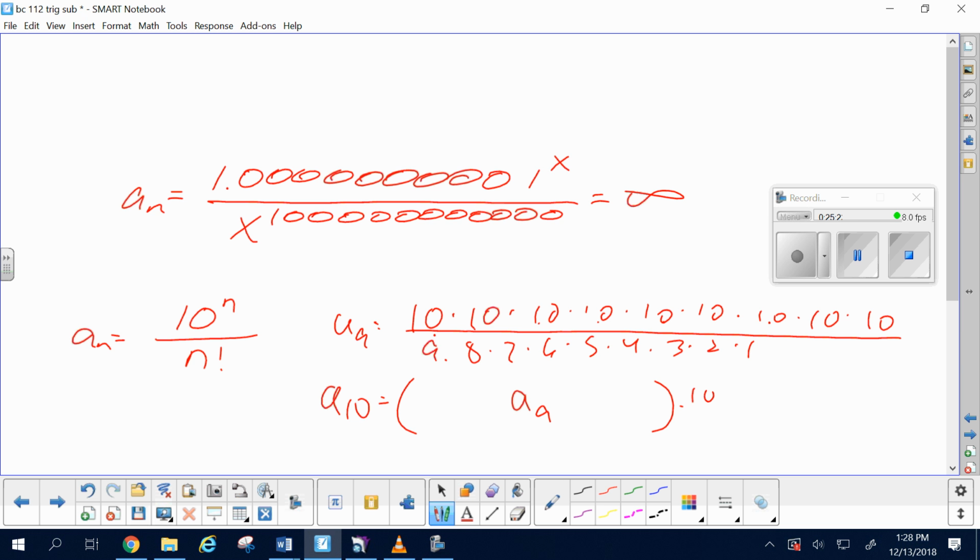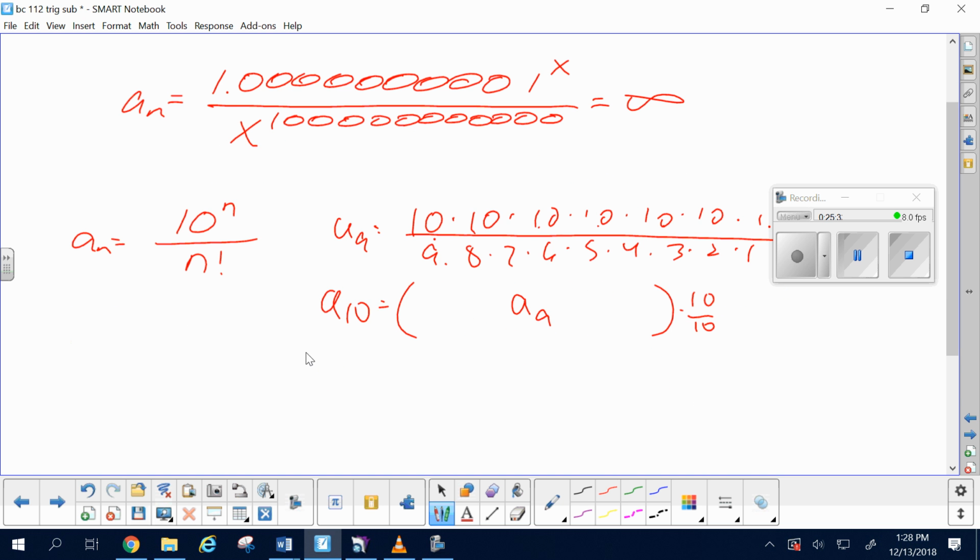You got another 10. What changes in the bottom? You got a 10, all right? So at that point, the exponential is starting to tie. And the next thing, A11, is A9 times 10 tenths. And what's now in top going to be gained? Another 10, but now what's on bottom? Oh, factorial wins.